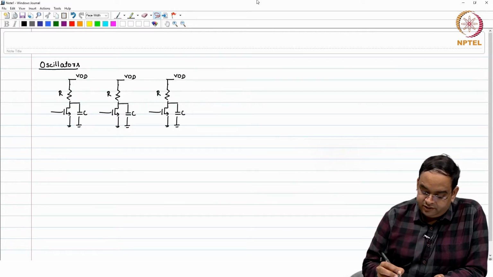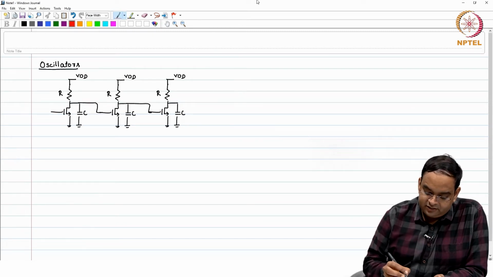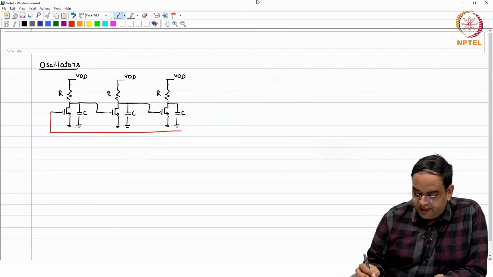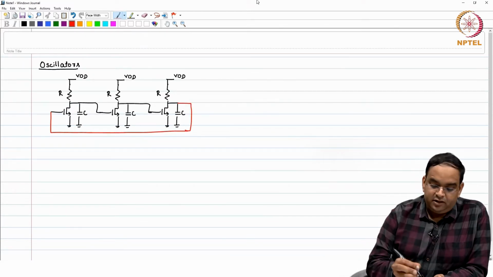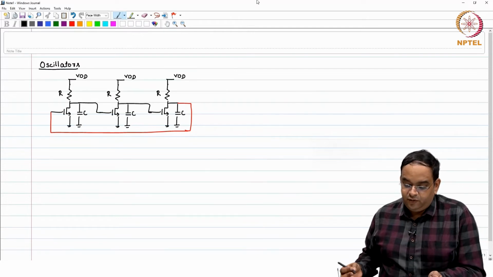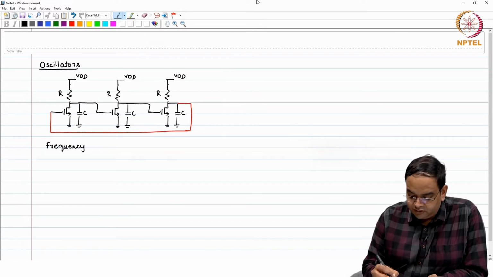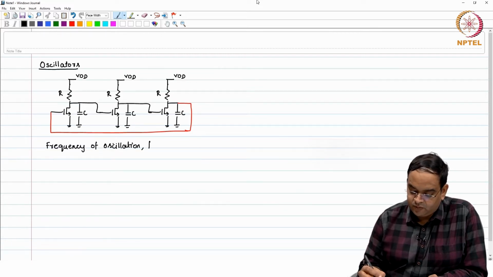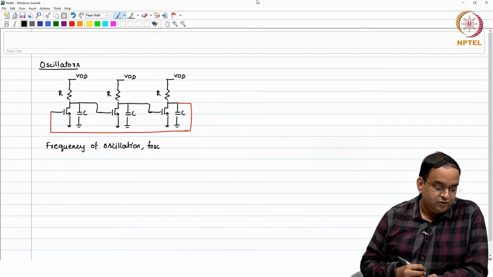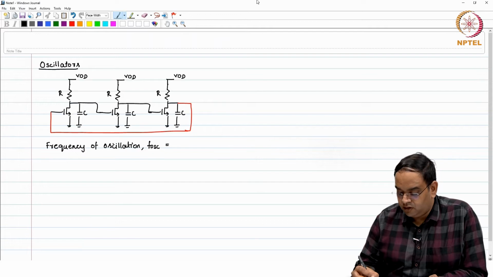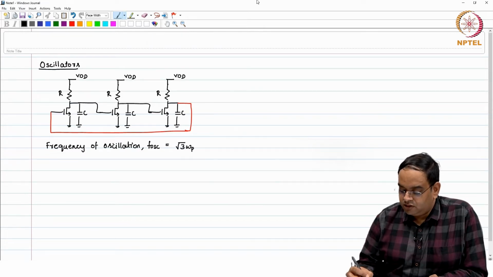Okay. So, what we did, we connected it like this and it is connected in ring in this manner. So, this particular oscillator we worked out, and the frequency of oscillation f oscillation was equal to root 3 times omega p, if you recall, and omega p was nothing but 1 over RC.